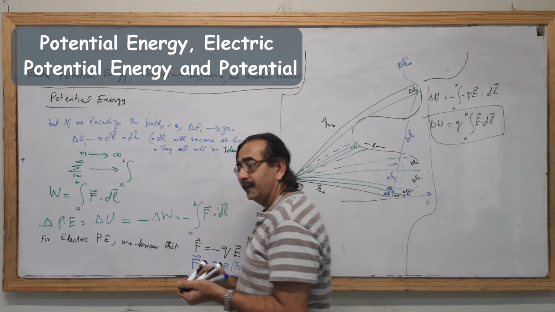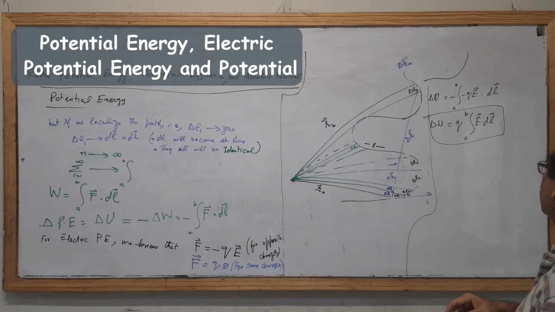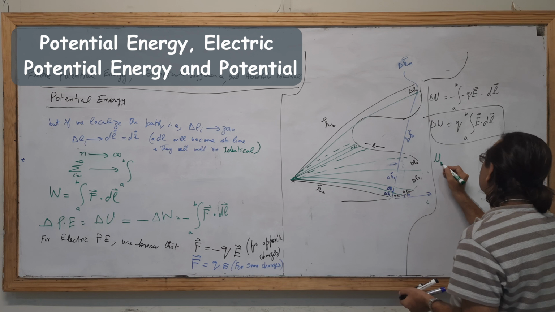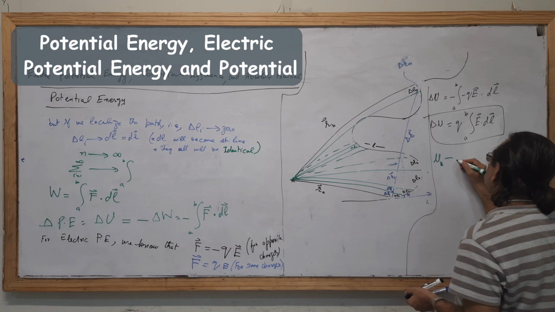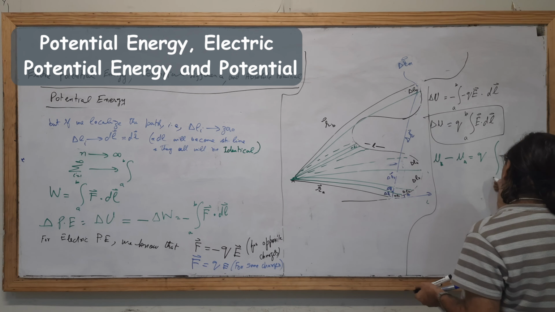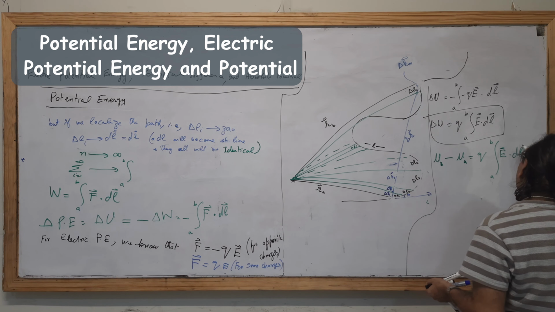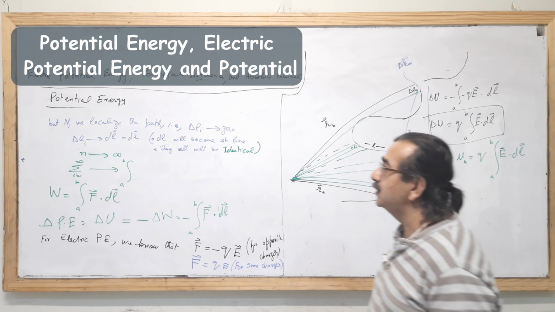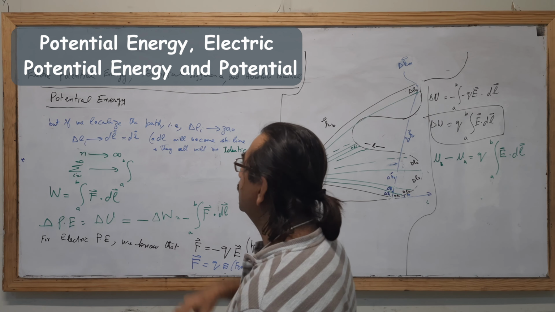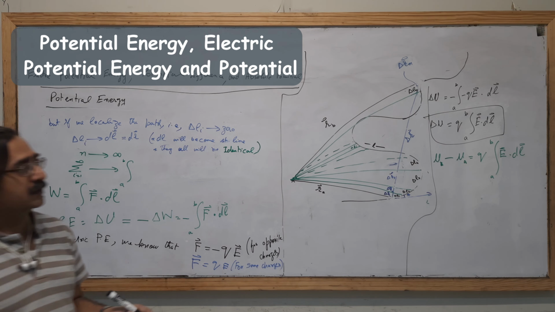The same. So that will be equal to this, or UB minus UA equals Q integral from A to B of E dot delta L. This is actually the difference of the potential energy, an expression for the potential energy difference.